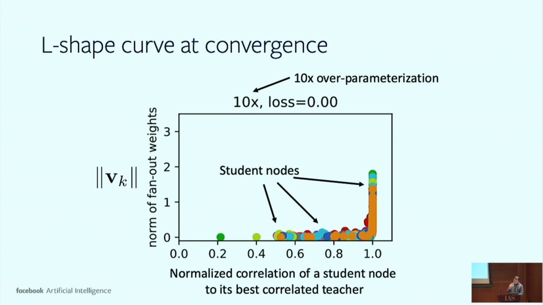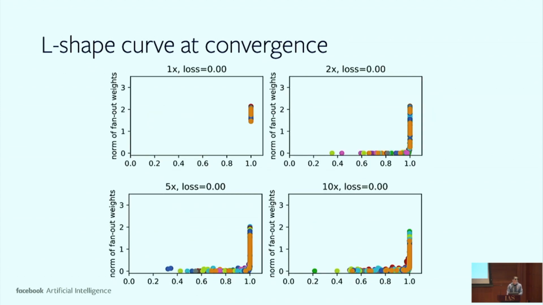You can see this L-shaped curve, which means a student node has to be either not correlated with anything but with small fan-out weights, or correlated with some teacher node with large fan-out weights. You can show this for multiple over-parameterizations. 10x means a 10x over-parameterization.